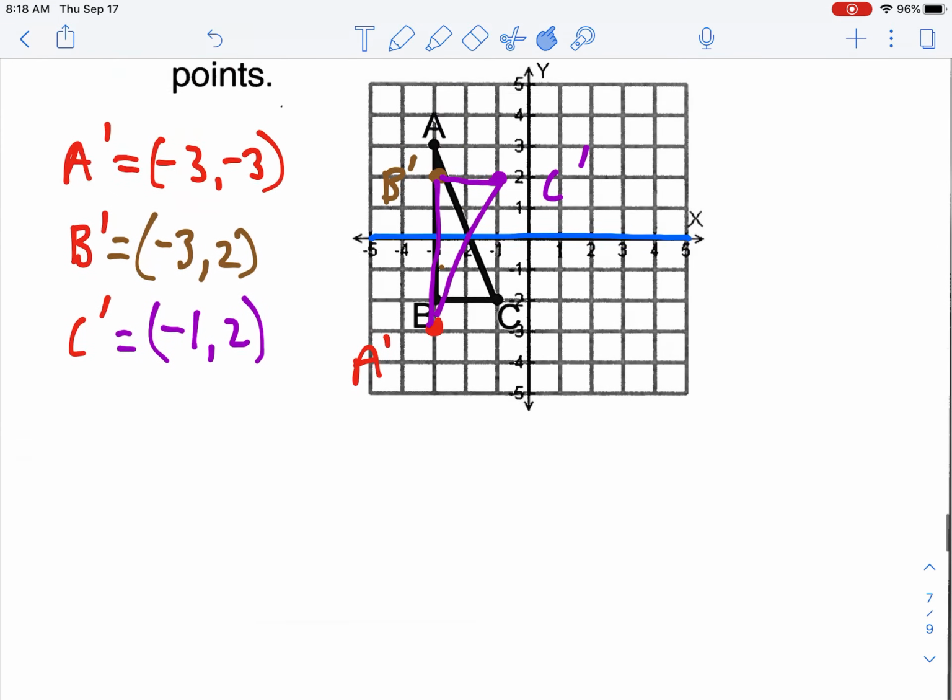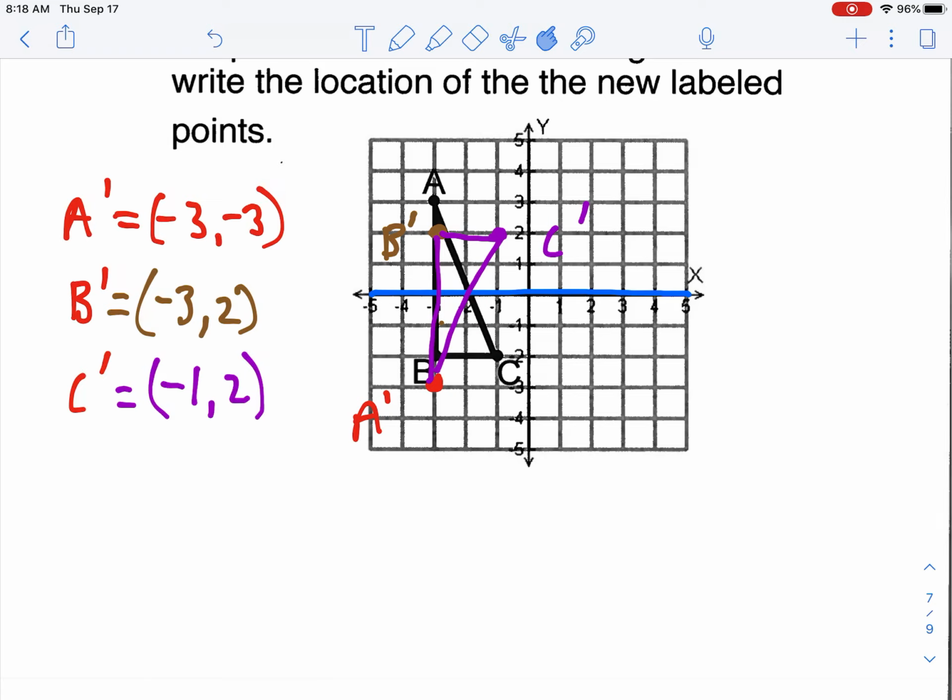Now, one thing we didn't talk about that we should look at real quick: I'm going to use this picture, so I'm going to erase it. If your reflection line ever lands right on a point, let's say this was our reflection line.